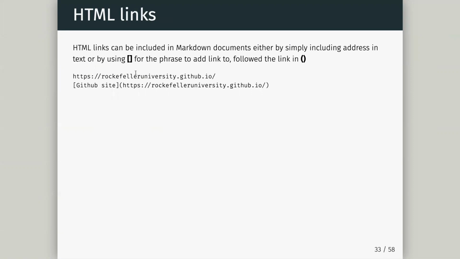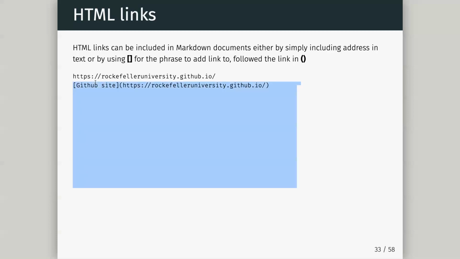We can also add HTML links to our page. And I think just by copying a link into Markdown, it will recognize it's a link. But more explicitly, we can do something similar to what we did for the image. We do a square bracket, and we have the bit of text which we want to highlight as a link. So here, GitHub site. And then in the round brackets, I put what I want that link to point to.